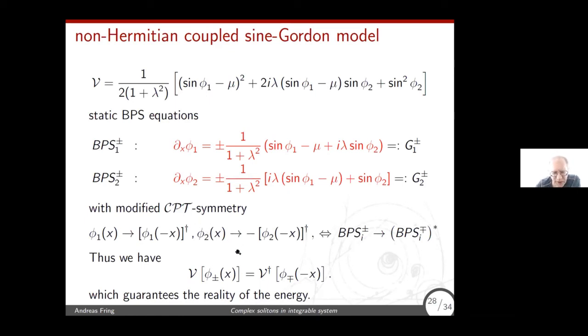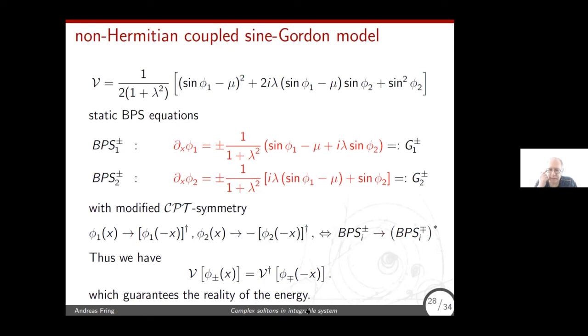Modified because it's not standard CPT. There are signs appearing all over the place, and there can even be shifts. So it's a different type of CPT symmetry, but this symmetry guarantees the reality of the energy.